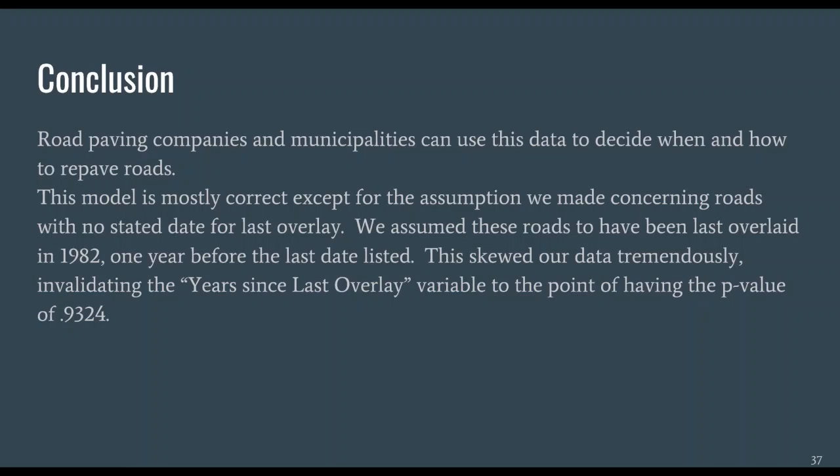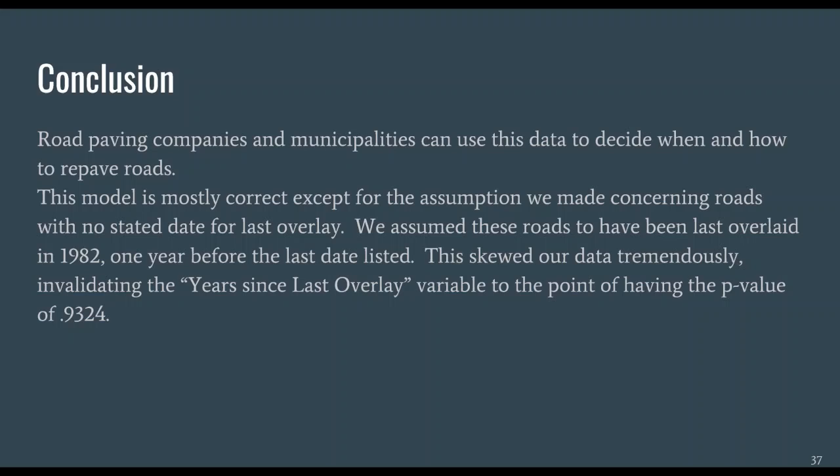So to wrap everything up, we do think that our model is a pretty good indicator of the overall ratings. We think it can give companies and governments a way to decide which roads need treatment the most. We definitely think there's some room for improvement though. If we could, we would want more continuous quantitative data rather than the ratings that we've been going over.